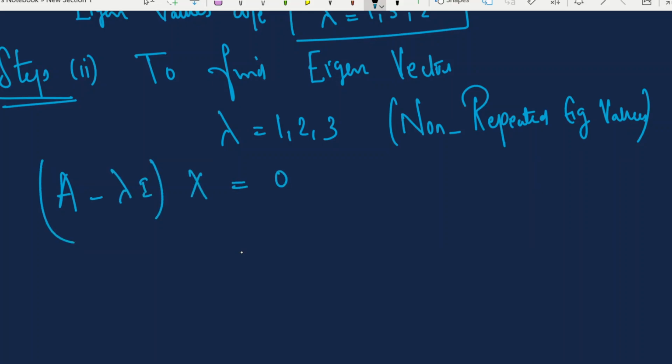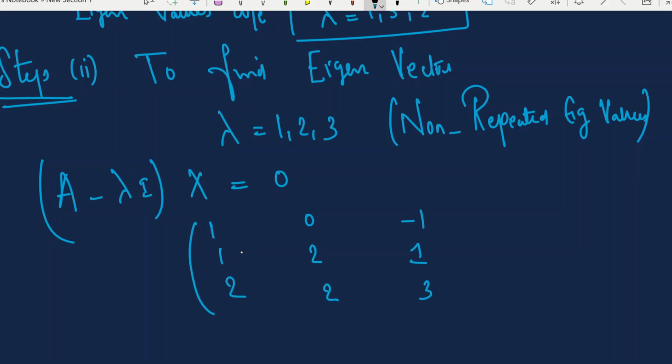A minus lambda I into x equals 0. For A minus lambda I, only the diagonal entries are replaced by the diagonal entries minus lambda. So this is our matrix 1, 0, minus 1, 1, 2, 1, 2, 2, 3.